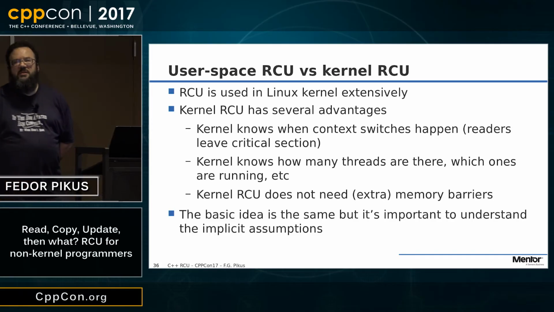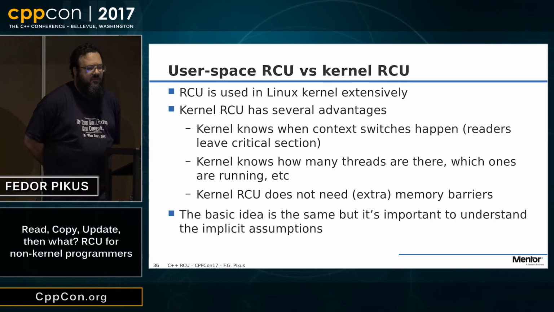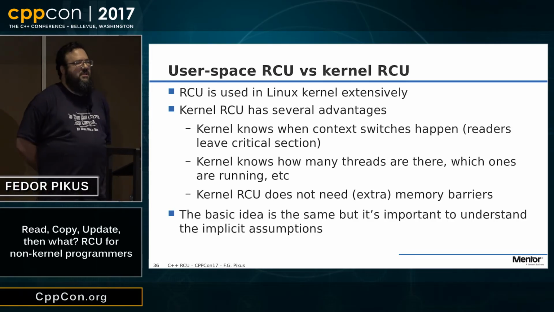RCU has been used in the Linux kernel very extensively for many years, much less extensively in userspace. The kernel does have several advantages. Basically, it knows when all readers go into a quiescent state, because it runs the threads.